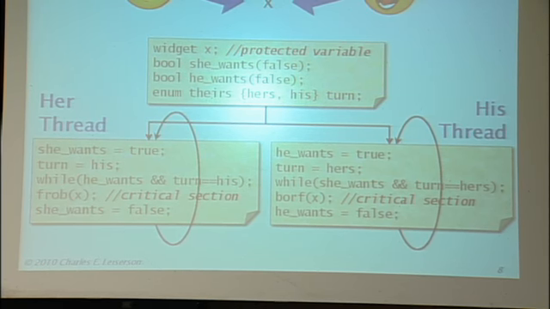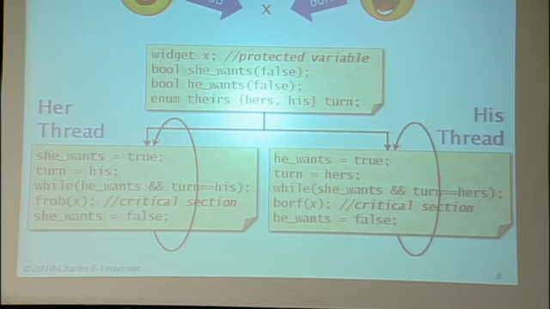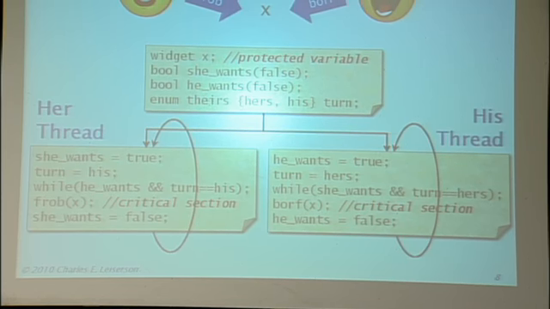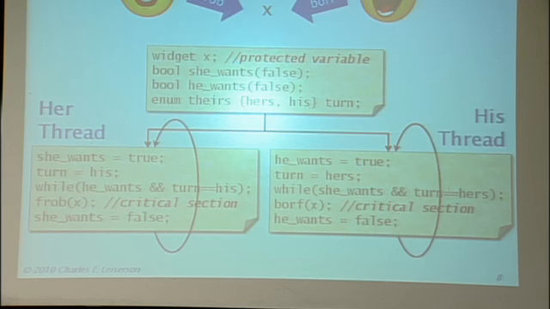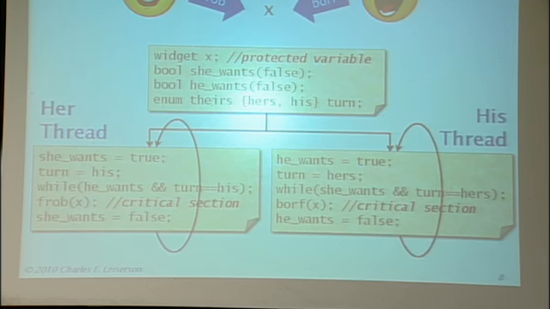And then whichever one sets the turn, one of those is going to occur first, and one is going to occur second. And whoever ends up coming second, the other one gets to go ahead. Okay? So it's very subtle how that is actually working to make sure that each one is gating the other to allow them to go.